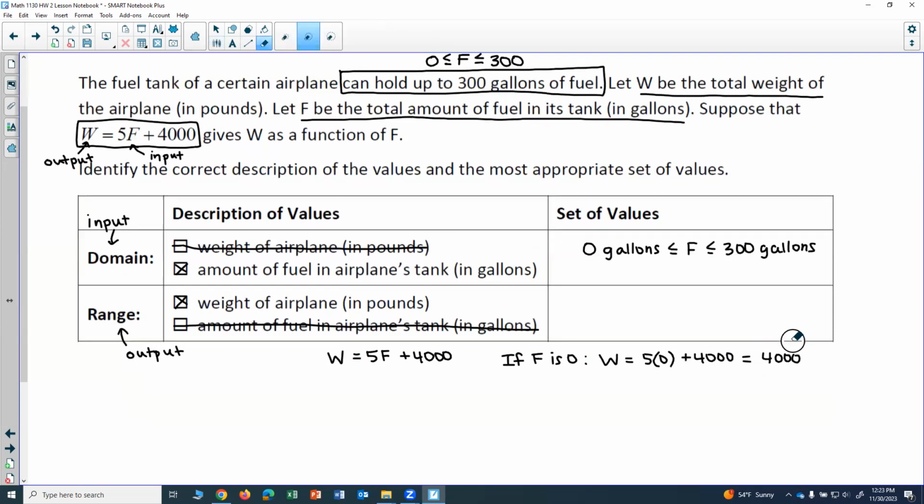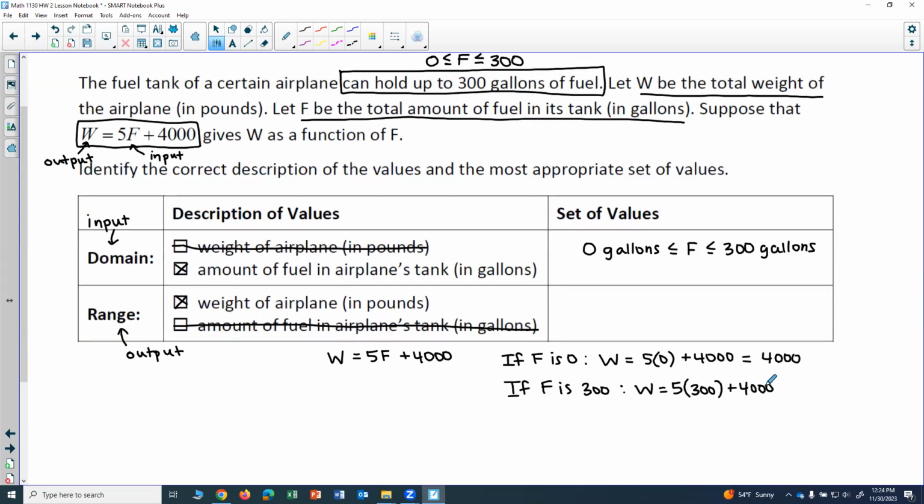Now I want to find the maximum possible weight of the plane if we're just looking at the fuel as the extra weight. So if F is 300, then W is going to equal 5 times 300 plus 4,000.